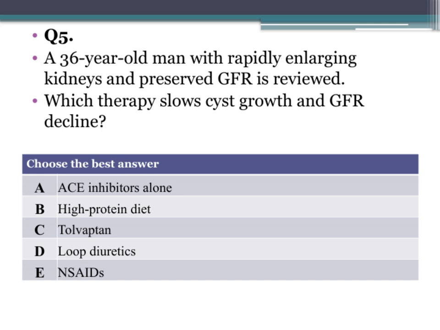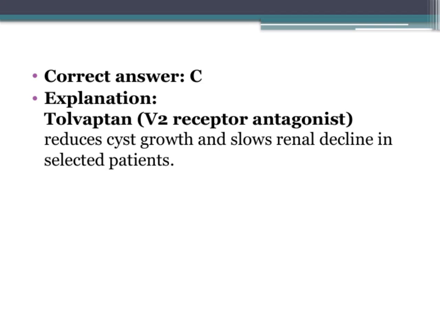Loop diuretics are mainly used for fluid management, but don't impact cyst growth directly. And NSAIDs, while useful for pain, can actually be harmful to kidney function if used long-term. So, given all that, the best answer here is C, tolvaptan, because it specifically targets cyst growth and helps preserve GFR over time. The correct answer here is C.